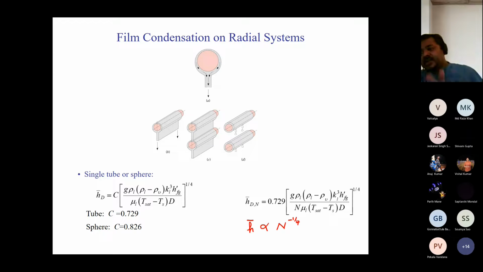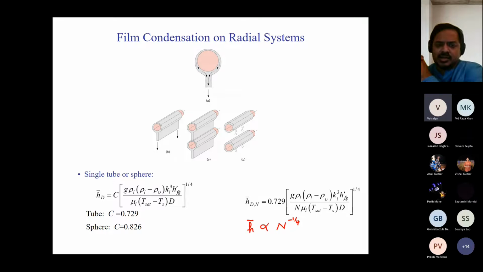So if I ask you why, what would you say? Physically, why do you think this should happen? Why should the average heat transfer coefficient go down? Come on, someone should be able to answer. Nobody.